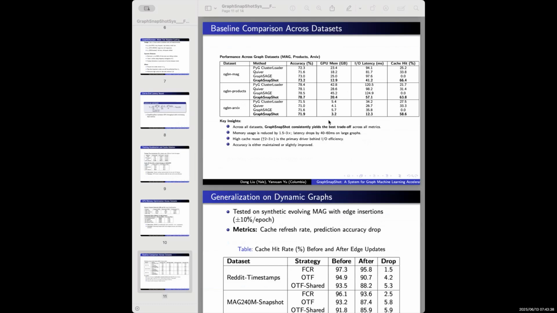Here we also do a method comparison across different systems, and it shows that our GraphSnapShot has better accuracy, GPU usage, I/O latency, and cache hit rate compared to some original methods like PyG ClusterLoader or Quiver.